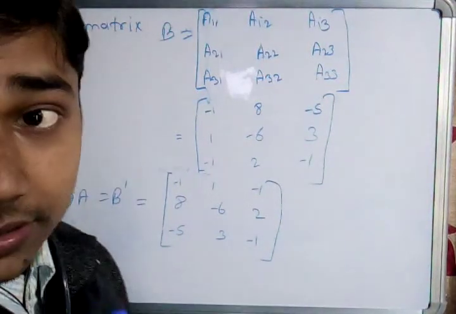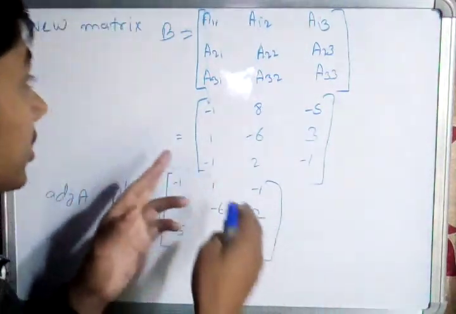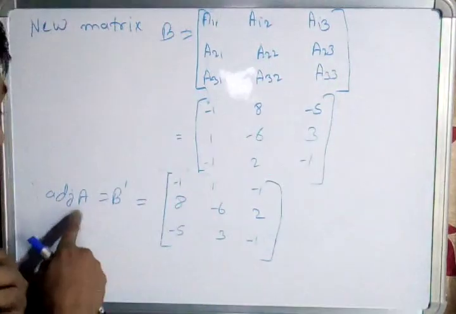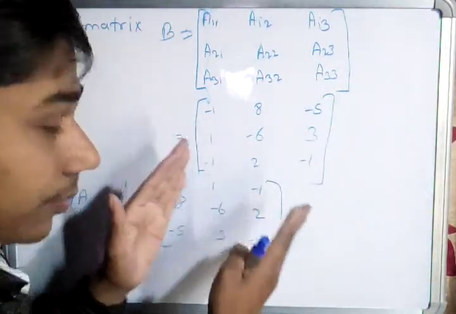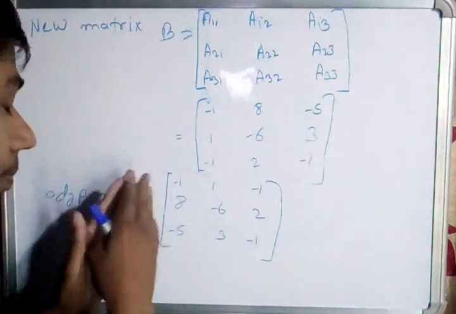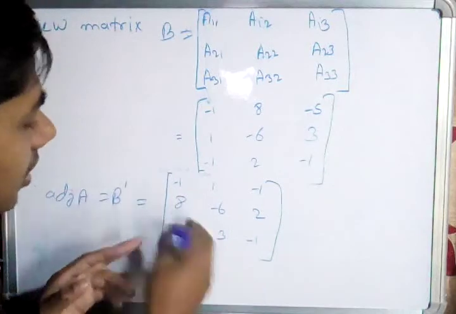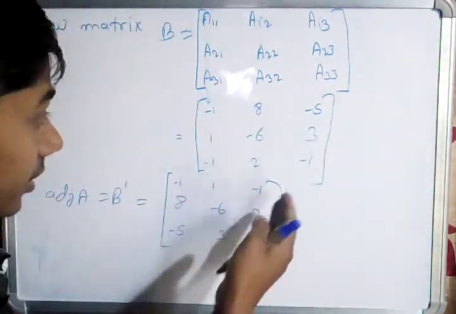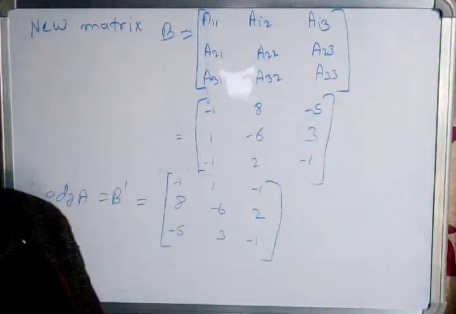We know that the adjoint of A is equal to the transpose of the B matrix, and the transpose of B is obtained by changing the first row to the first column and the second row to the second column.